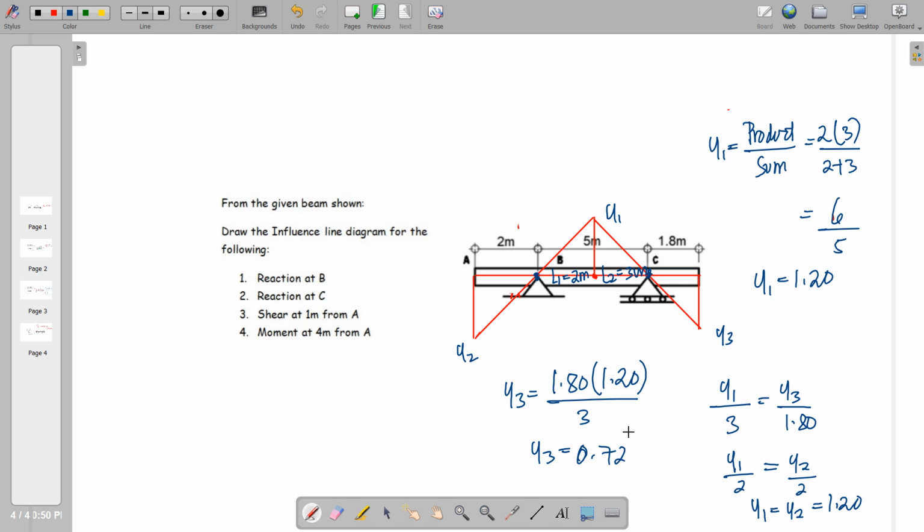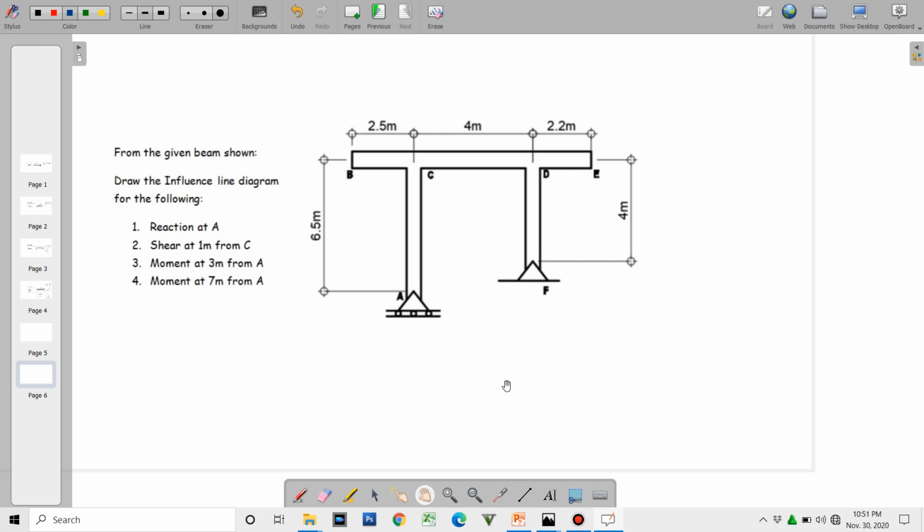Okay, so moving on, we have this frame. So for the reaction at A, we'll just have to treat this as a beam, because we are just considering a unit load, a vertical unit load. So it will be treated as a beam.